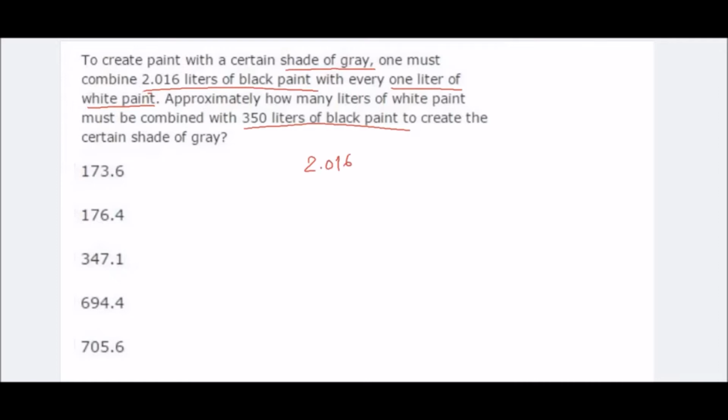So now from the question, 2.016 liters of black paint will be equal to 1 liter of white paint.